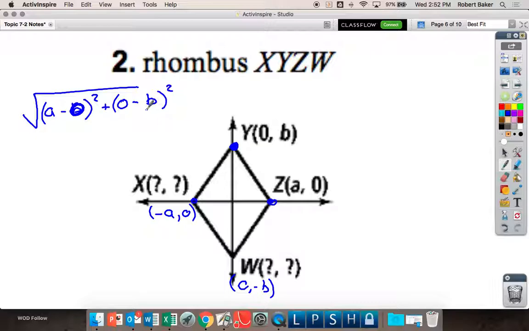That would create the distance between those 2 points. Okay, what is a minus 0? What is 0 minus b? Negative b.